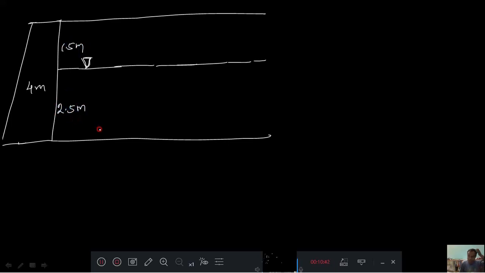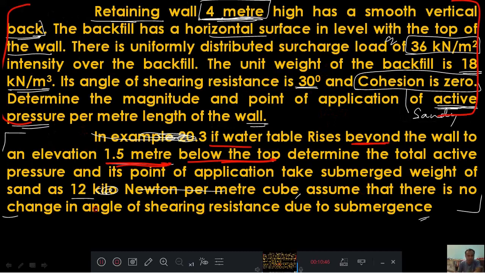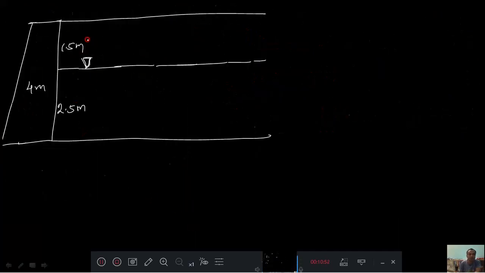In the problem, it is said to assume that there is no change in angle of shearing resistance, which means I consider phi as 30 for this and 30 for this, so Ka is the same, 0.333, active earth pressure.